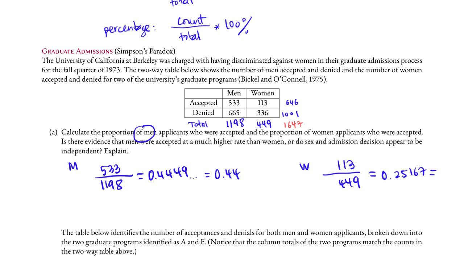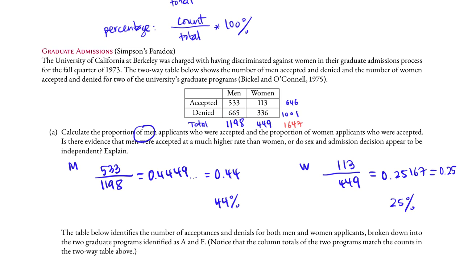Rounded to 2 decimal places, this will be 0.25. In terms of the percentage, 0.44 is 44% and 0.25 is 25%. What this is telling us is that 44% of the male applicants got accepted and 25% of the female applicants got accepted.